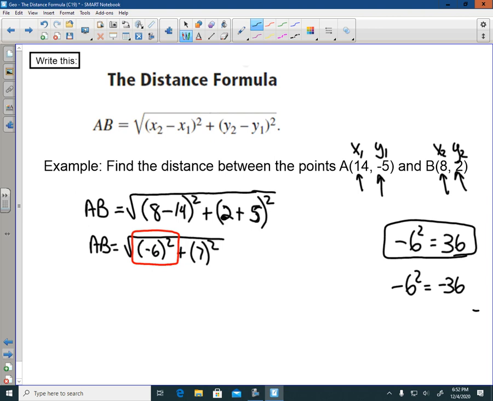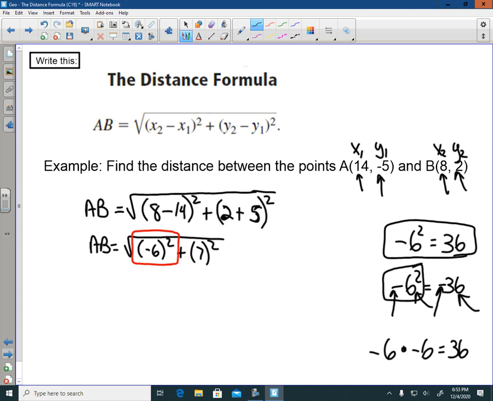And your calculator probably gave you that, because this symbol, -6 squared, to your calculator means the opposite of whatever 6 squared is, which is the opposite of 36. But what you really want is -6 times -6, which is -6 squared. A negative times a negative is positive, and so you have positive 36 here.